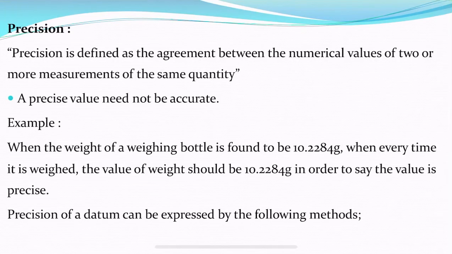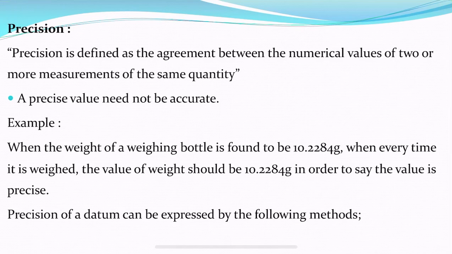Precision is the measure of closeness between the different values in a set of results measured under identical conditions. So the datum is said to be precise only when it is reproducible. So this is the condition. A precise value need not be accurate.